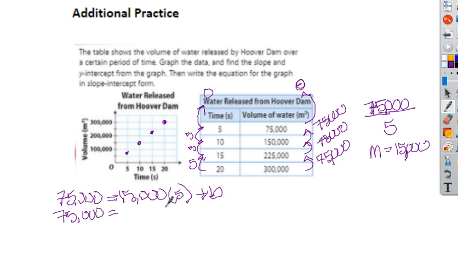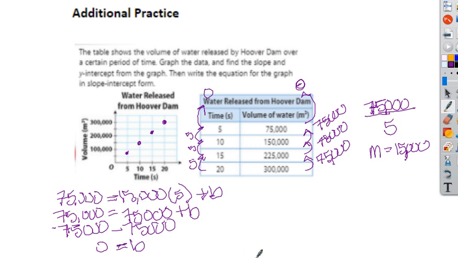If we do 5 times 0, we get 0. 5 times 5 is 25. And then 5, 6, 7. Plus b. So we would subtract our 75,000. And then we also prove that b is 0.